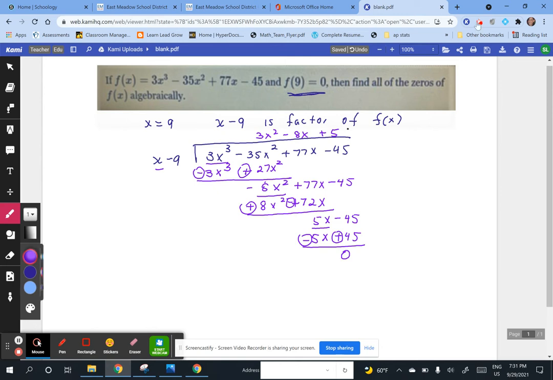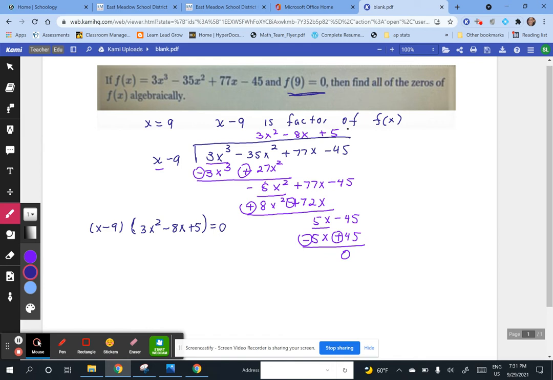So now what we've done is we have the quotient times the divisor. So the quotient is 3x squared minus 8x plus 5.